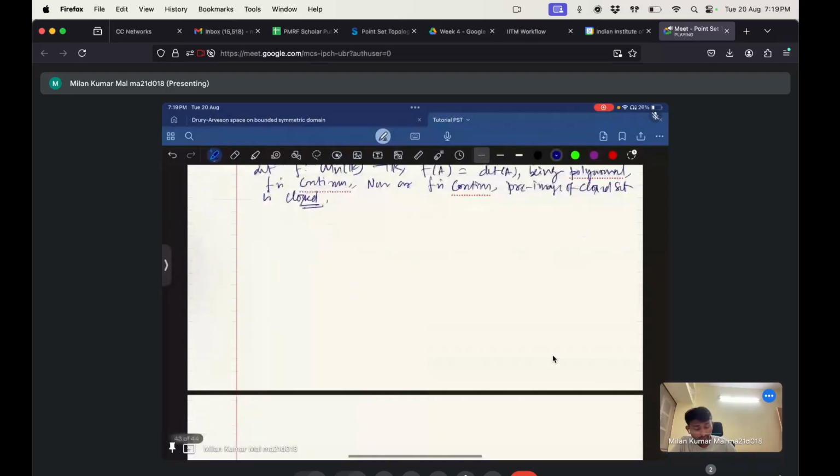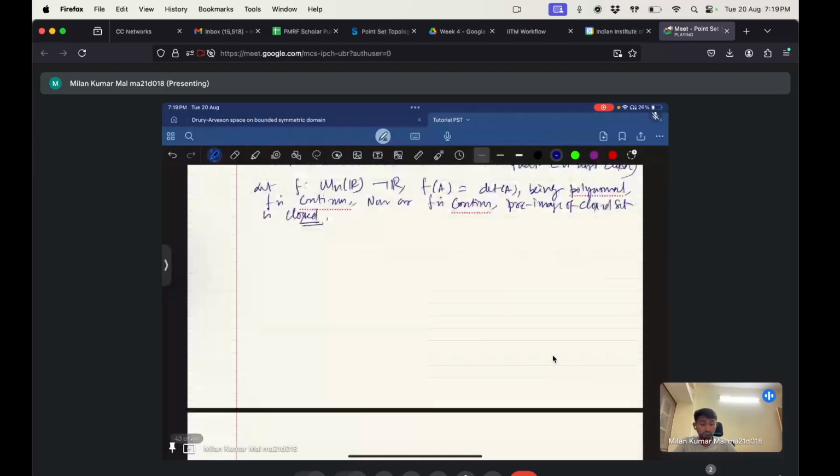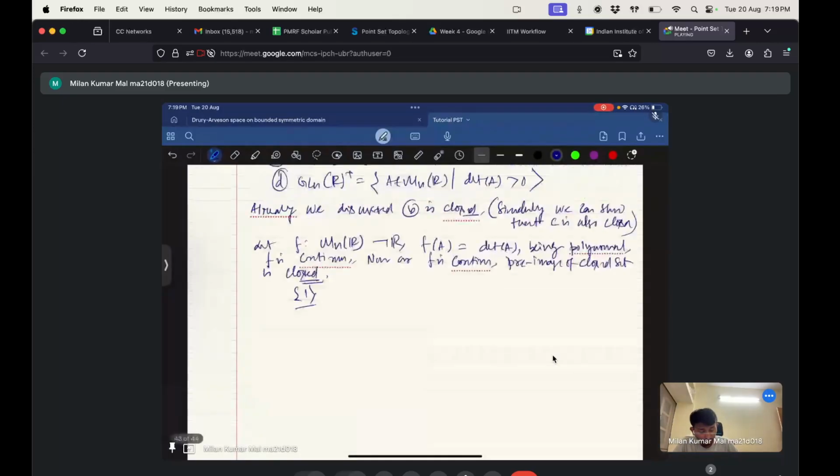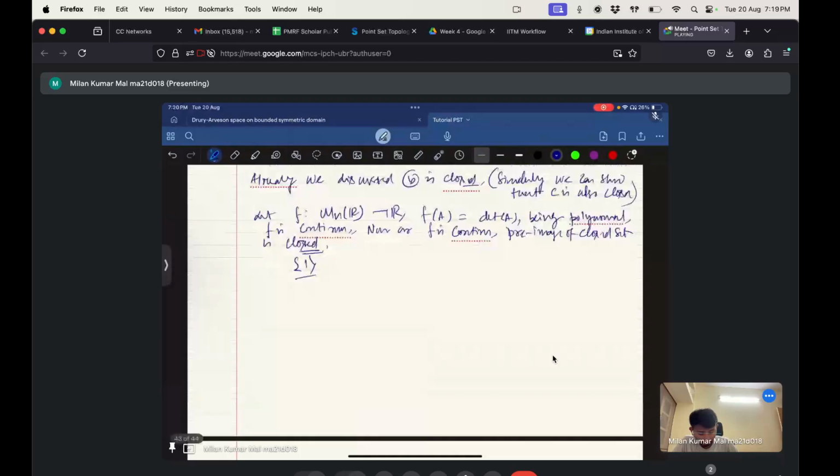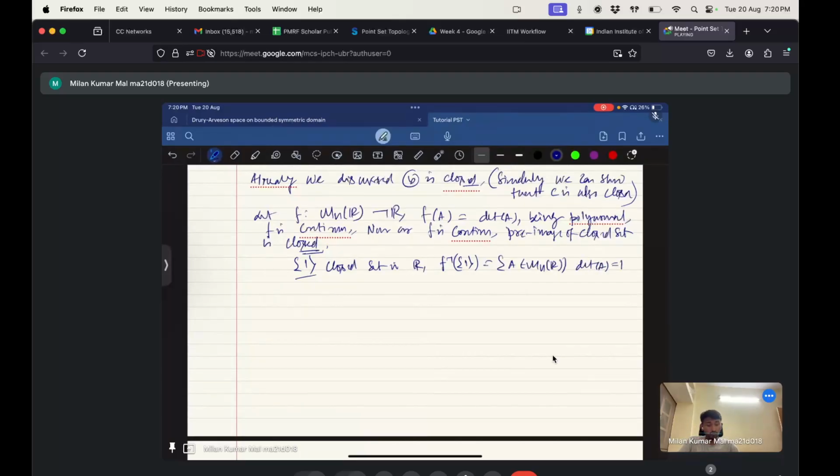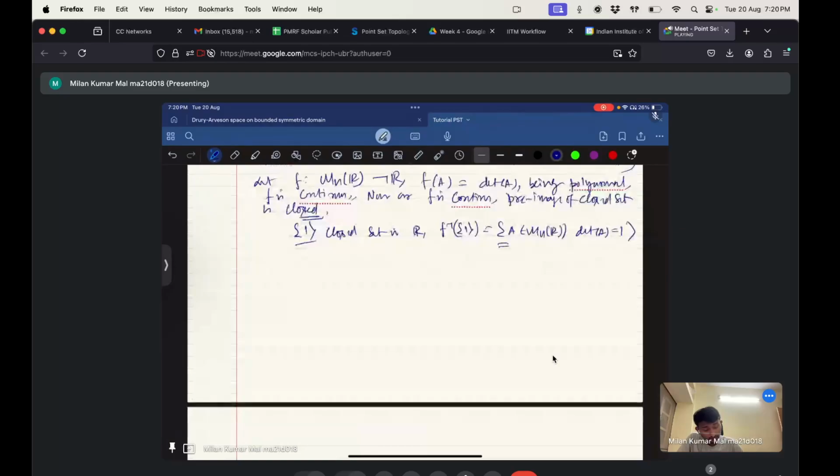So let's take 1. This is a closed set in R. Now F inverse of this 1, what is this? This is equal to all those A belonging to MnR such that determinant of A is equal to 1. Now this is closed, so this is a closed set.